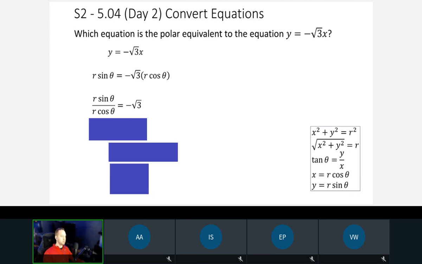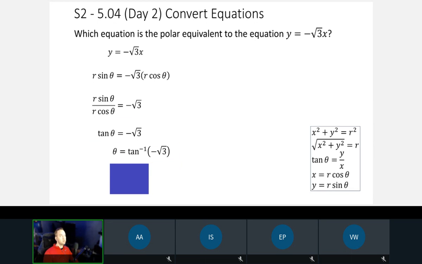Yep, Julia's right. Sine over cosine is tangent. What about the r's? Don't they cancel? Yeah, they cancel out. So the r's cancel out, and then sine over cosine becomes tangent. Okay, now what? Arctan. Yep, arctan both sides.